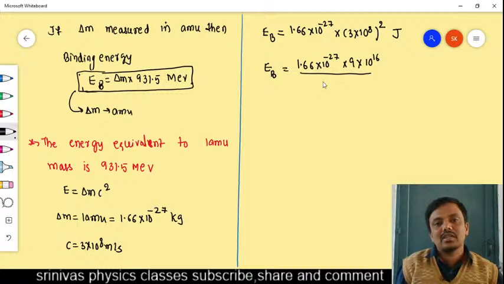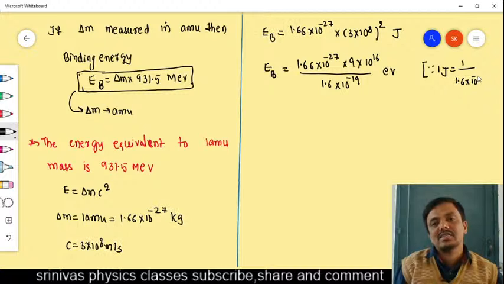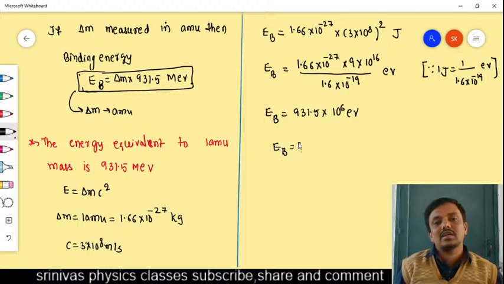If you divide this by 1.6 into 10 to the power of minus 19, you will get electron volts, because 1 joule is equal to 1 by 1.6 into 10 to the power of minus 19 electron volts. To convert joules to electron volts, we divide like this. This value you will get is 931.5 into 10 to the power of 6 electron volts, and this 10 power 6 we write as mega electron volts.